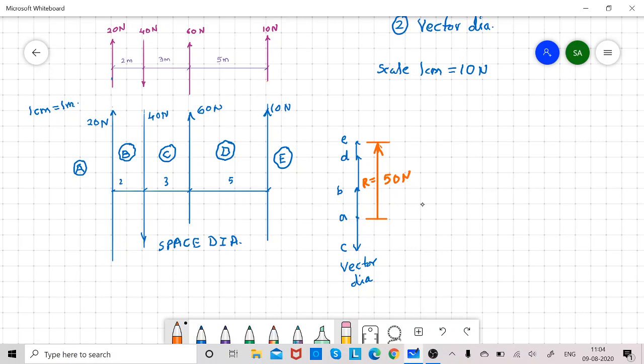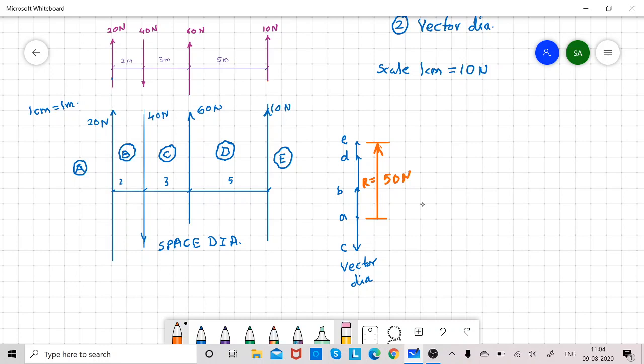Now this is not enough. The four characteristics of a force are its magnitude, direction, point of application and sense. We got magnitude and direction, but what about the location of the resultant?